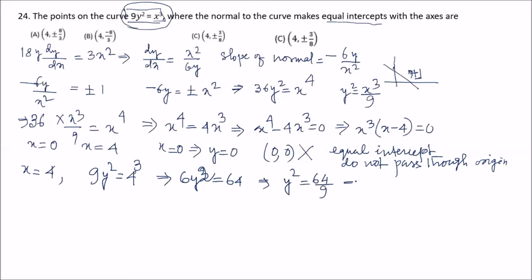Then this gives me y is equal to plus minus 8 by 3. So what is the point? The point is (4, 8 by 3), it can also be (4, minus 8 by 3). So the answer will be, the first one is the answer. A will be the answer.